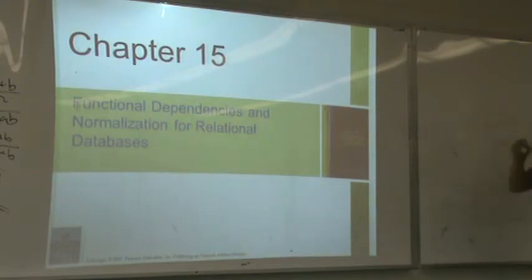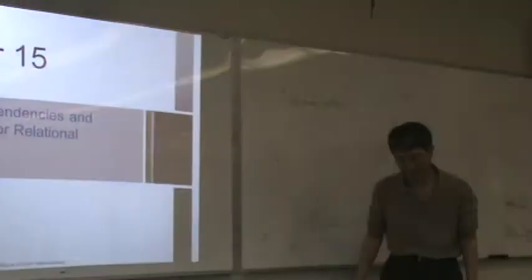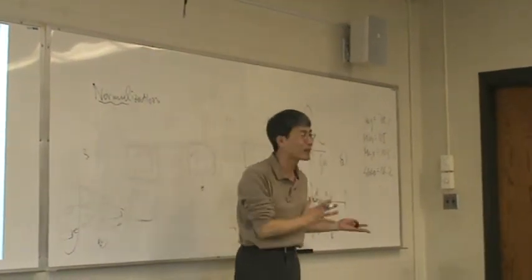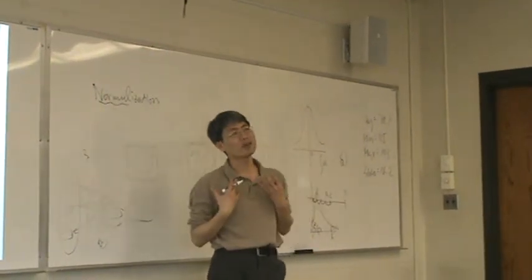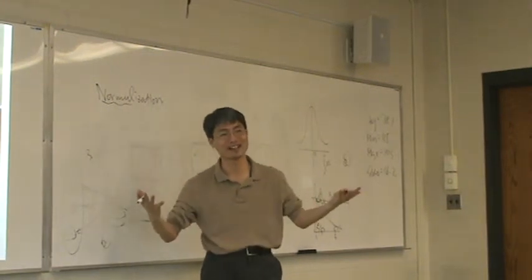Actually, if I translate normalization into Korean, that is my first name. Really? So normal has a different meaning from my first name, which means government, like a government officer, something like that.